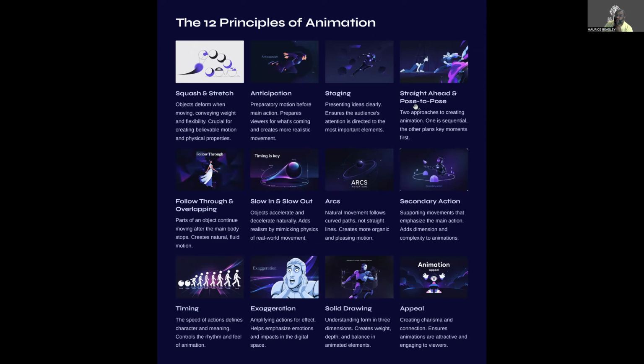Now, straight ahead and pose to pose. This is going to be an important thing that we're going to do within Adobe Animate with the things that we create. Straight ahead is one approach of creating things in sequence where you're drawing each individual frame of the animation. So you have what is called a frame rate. We'll talk about that much later. In that frame rate, there are so many frames in 1 second of time.